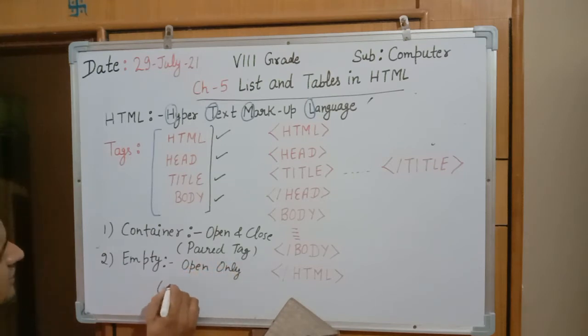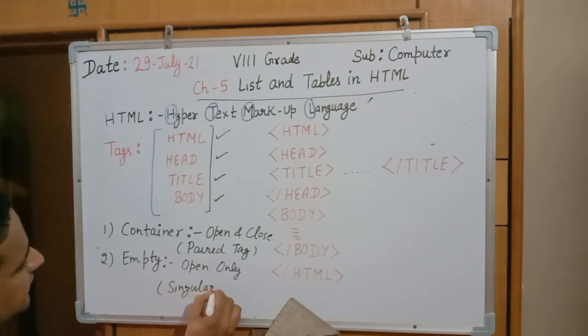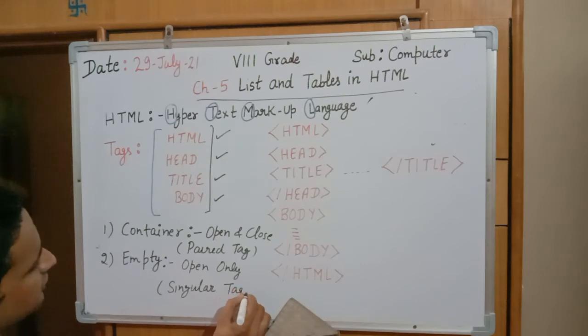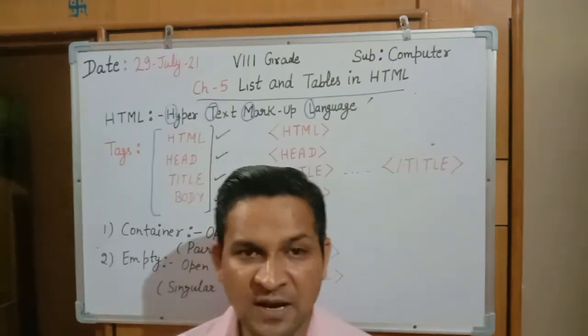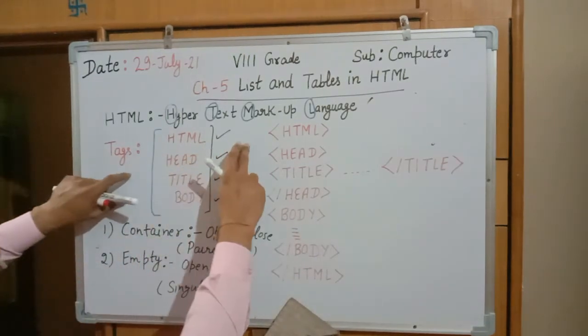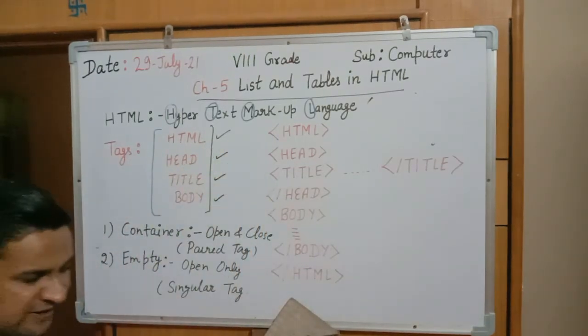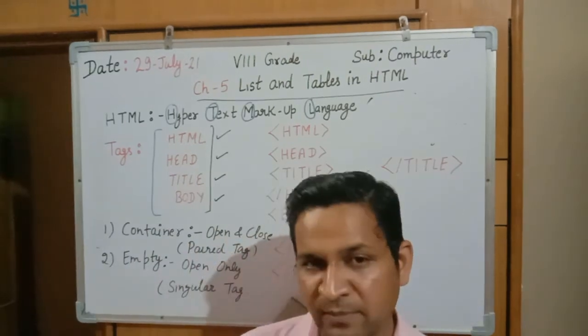That's why it is known as a singular tag. So till now we have studied what HTML is, and that at least 4 basic tags are required to write an HTML program.